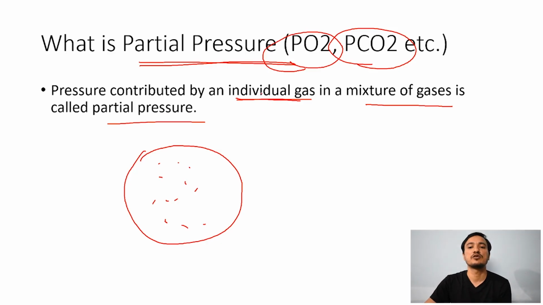Gas is always a mixture of different gases. In this mixture, the pressure contributed by O2 is called PO2, the partial pressure of O2, and the pressure contributed by CO2 is PCO2, the partial pressure of CO2.